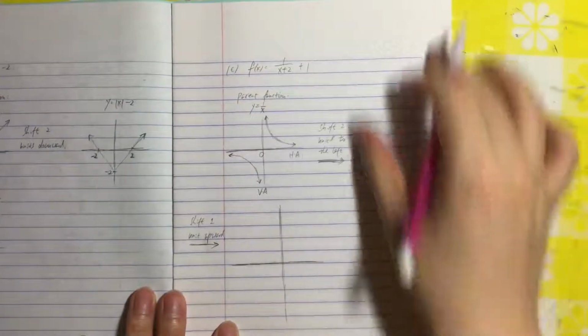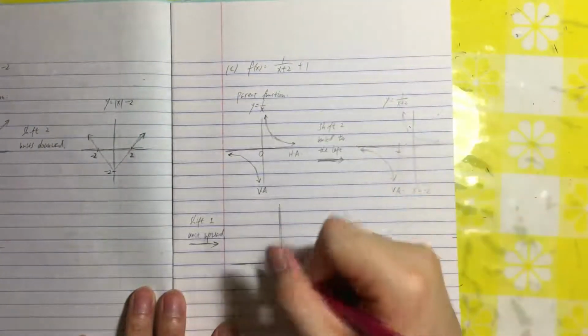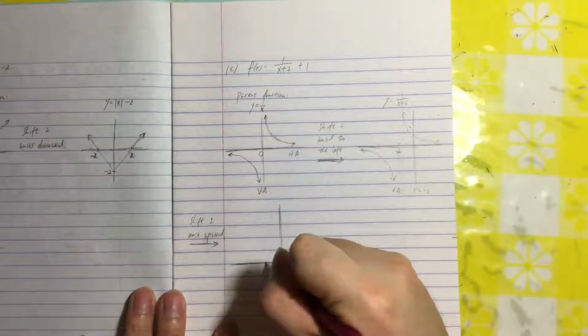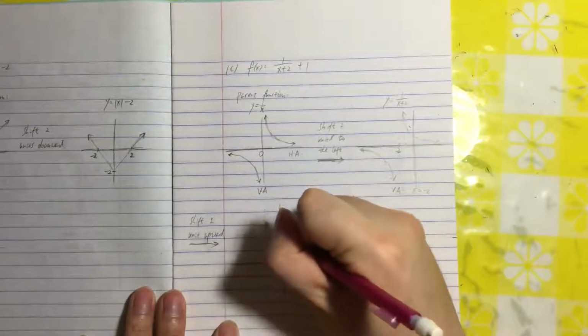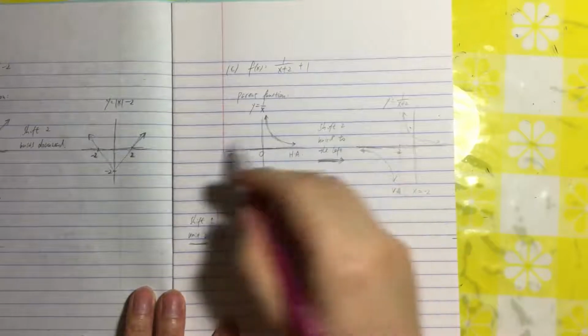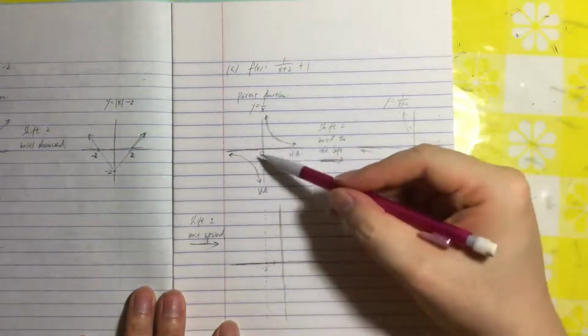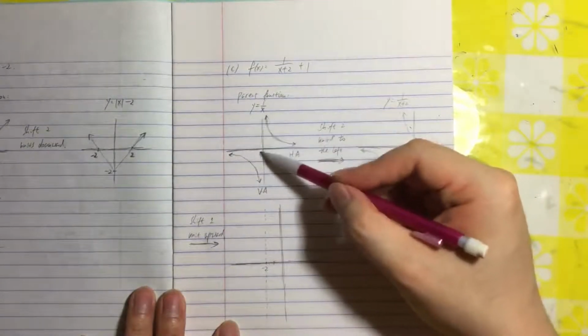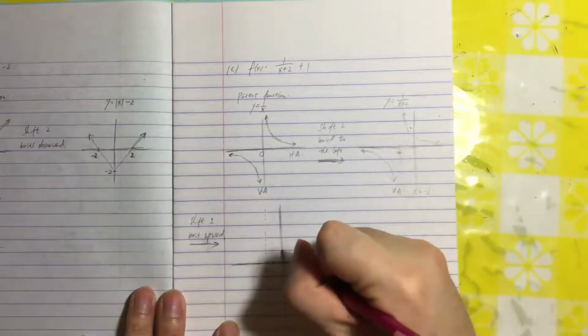When I shift the graph upward, the vertical asymptote stays the same. It's still here at -2. That's the vertical asymptote. But the horizontal asymptote, it was 0 originally. If I shift it 1 unit upward, it becomes 1.